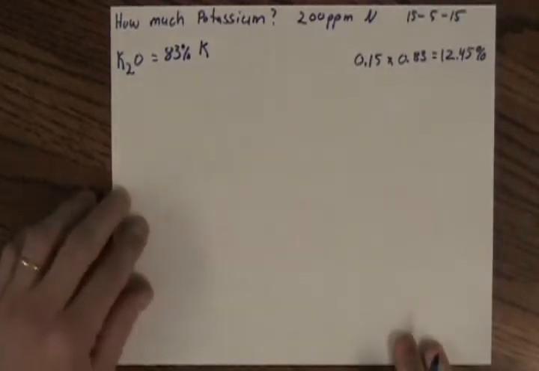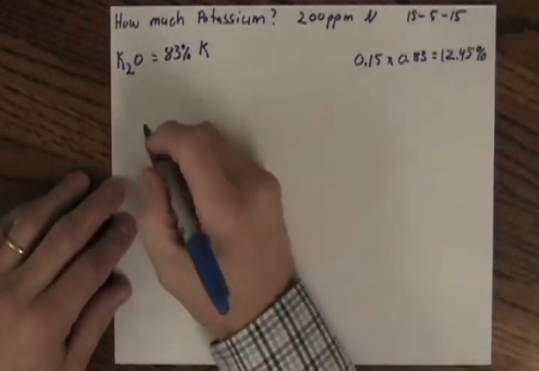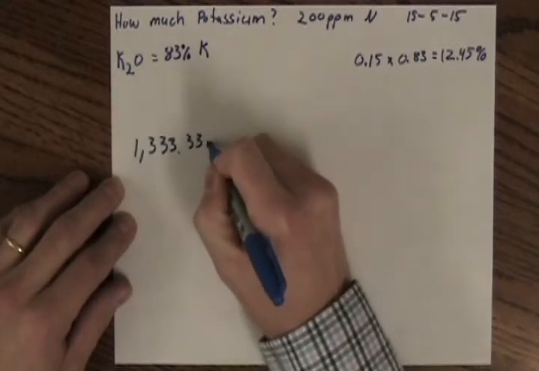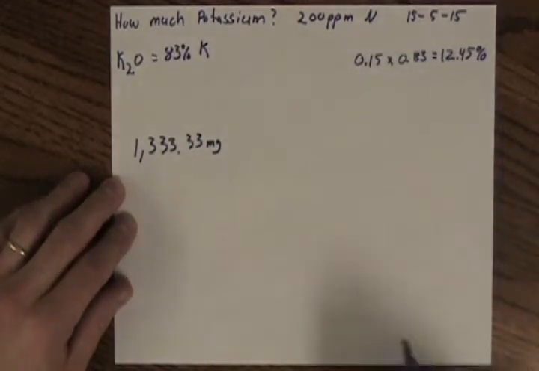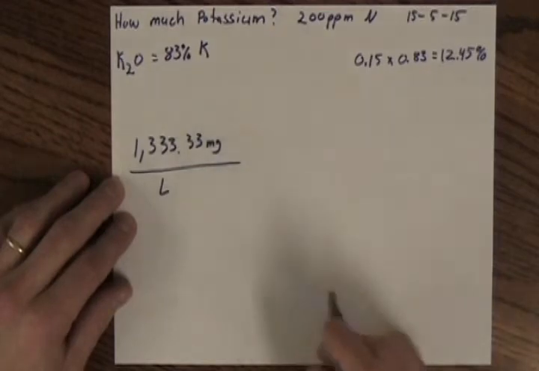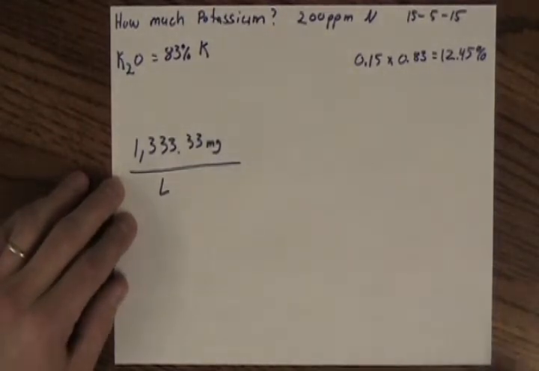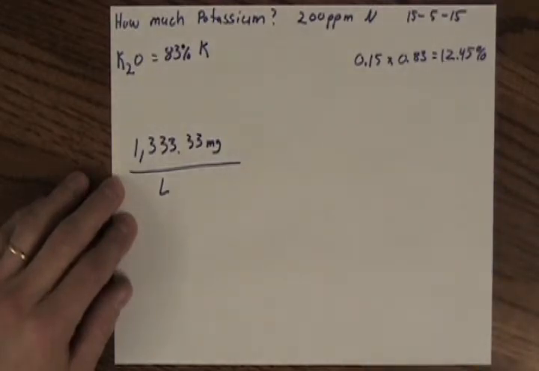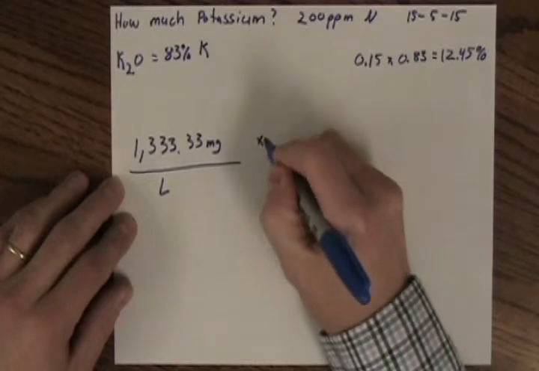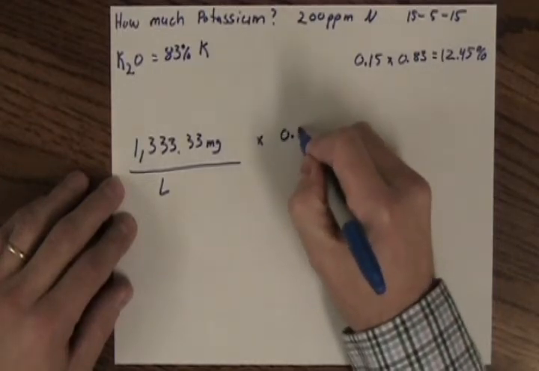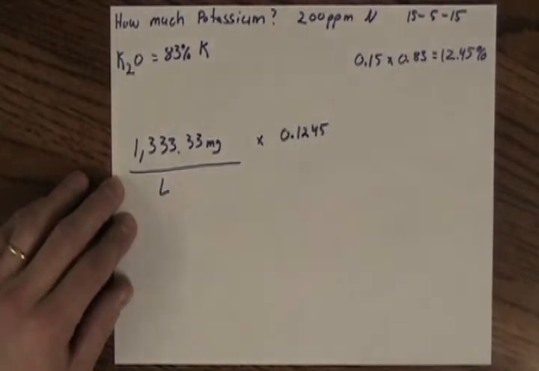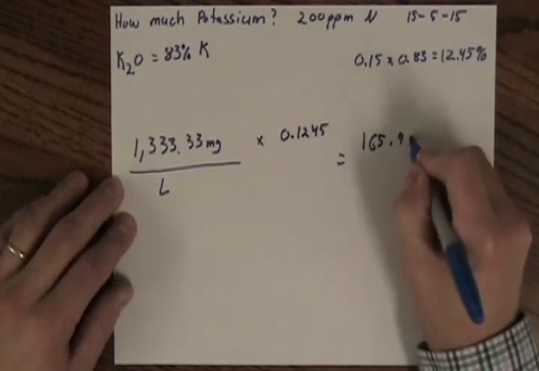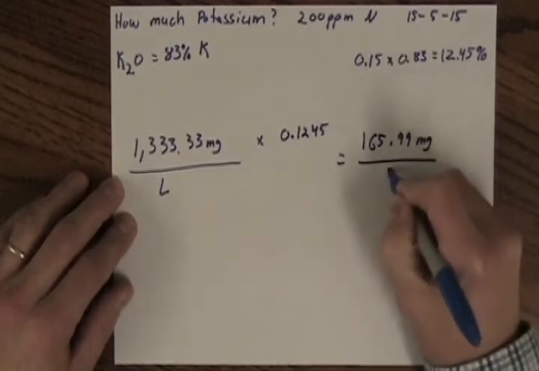12.45%. So if we go back to our original calculation, we knew that we needed 1,333.33 milligrams of 15-5-15 in 1 liter to give us 200 parts per million nitrogen. Now we know that 12.45% of that is potassium. So we multiply that by 0.1245, or 12.45%, and we get 165.99 milligrams per liter.